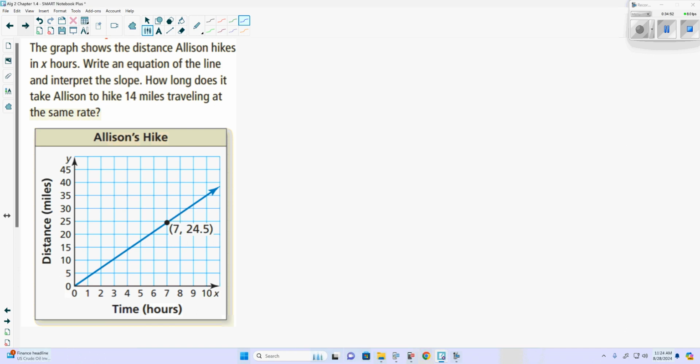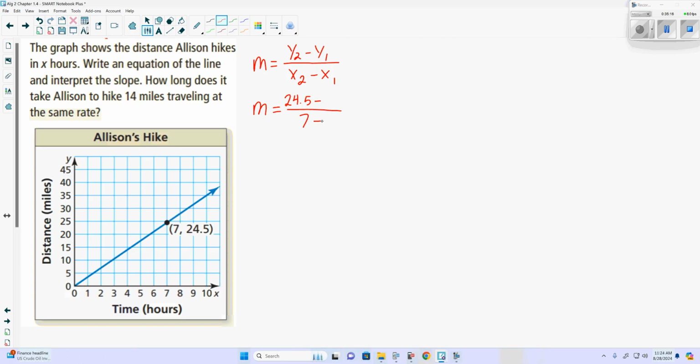Slope. y2. Now they gave us a point, 24.5 and 7.